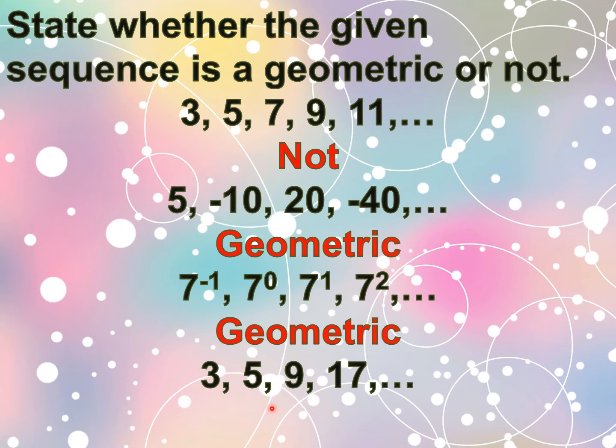Hindi rin to arithmetic sequence kasi kung i-verify mo, 5 minus 3, that is 2, 9 minus 5, that is 4. Kitang-kita na hindi common ang kanilang difference. So, it is also not an arithmetic sequence. So, this is not a geometric sequence also.